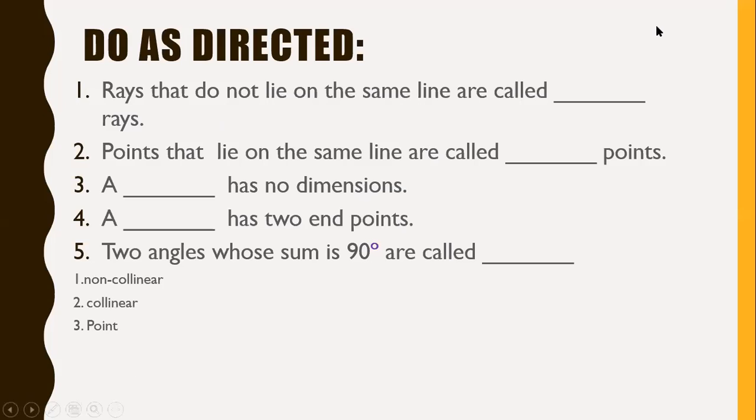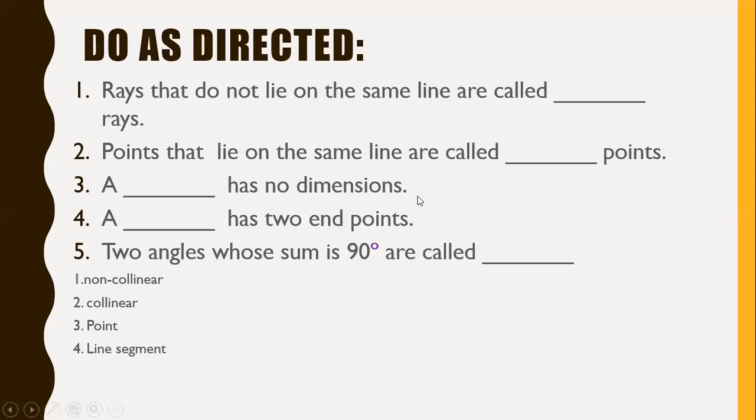No. I'm talking about endpoints, my dear. A straight line has no endpoint, remember? It has 2 arrowheads. Exactly, not a line, a line segment. Very good. A line segment has 2 endpoints.